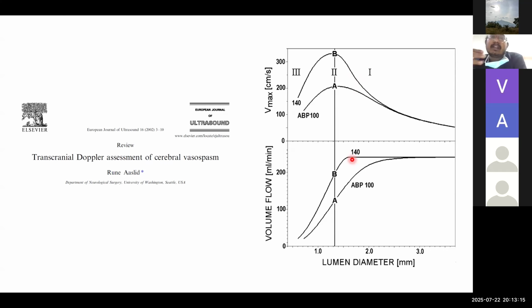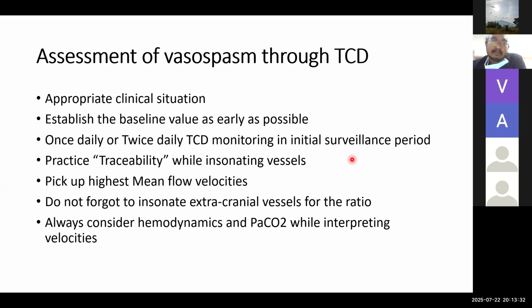He looked at how that ratio relates to vasospasm. They found that this ratio is a much better criterion to diagnose and categorize the severity of vasospasm than the velocities alone.